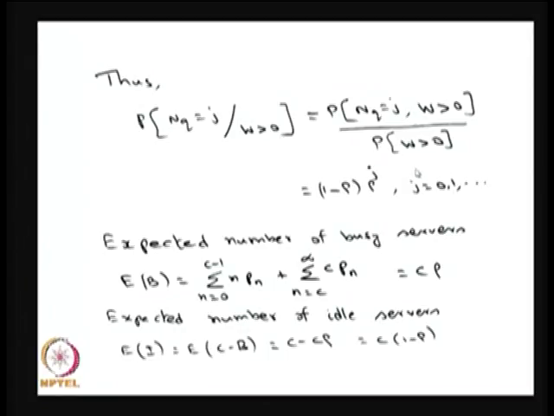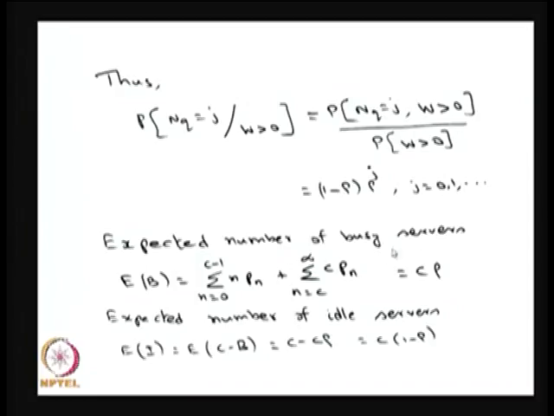If I do a little simplification, I will get 1 minus rho times rho power j, where rho is lambda divided by C mu. This is nothing but the probability mass function of a geometric distribution. Therefore, this conditional probability is geometrically distributed with the parameter rho.